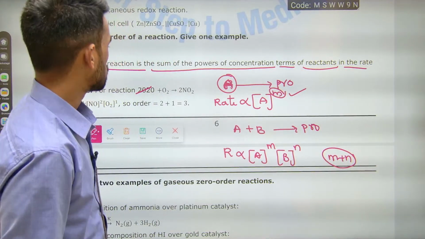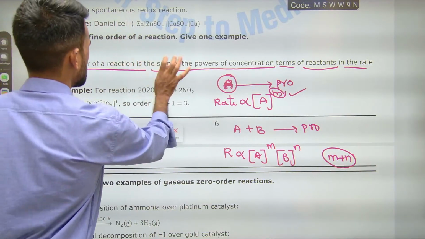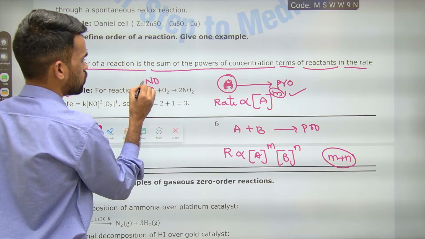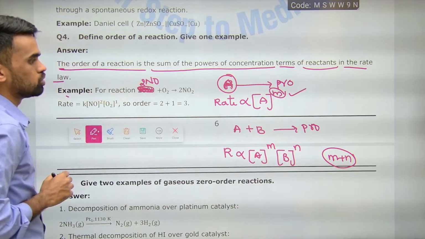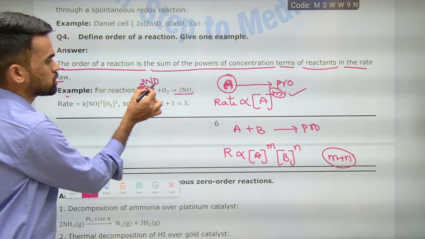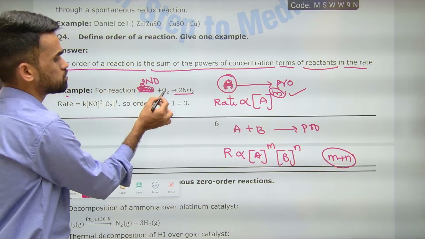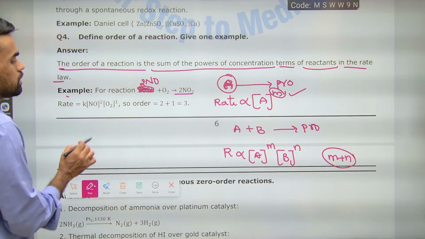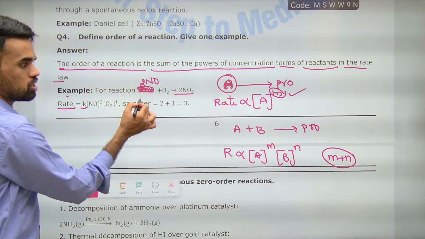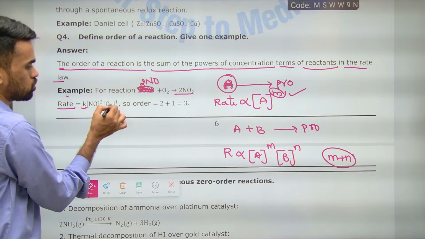Now here they have represented a reaction: 2NO plus O2 gives rise to 2NO2. The order with respect to NO is 2 and with respect to O2 is 1. So the rate equation can be written as k into concentration of NO to the power 2, O2 to the power 1.